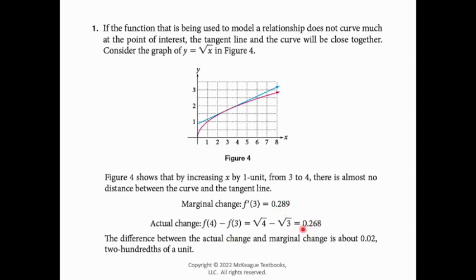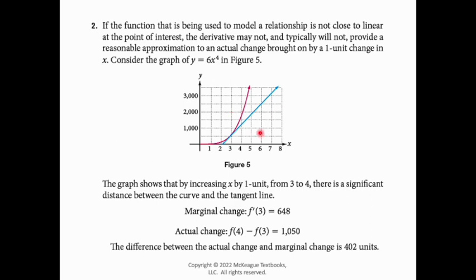Notice that these are pretty darn close. Our approximation is close to the actual change, and that's because the tangent line is super close to that curve of the function.